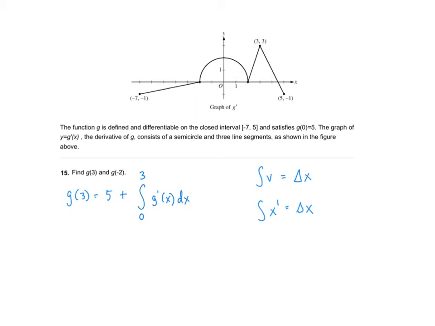Alright, so we can see at least from 0 to 2, the area under the curve is a quarter circle. If this was a full circle, the area would be 4 pi, because this is a circle of radius 2. So this whole area would be 4 pi, but since it's just a quarter circle, that's just going to be pi.